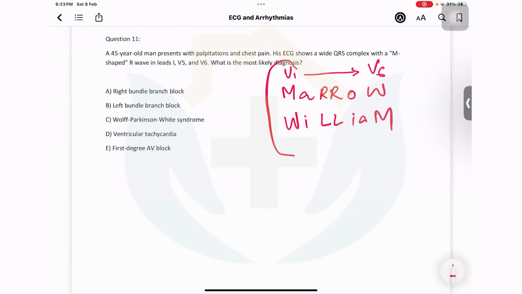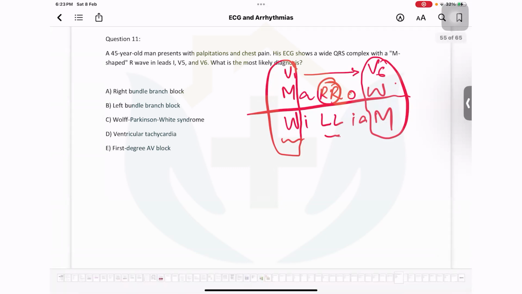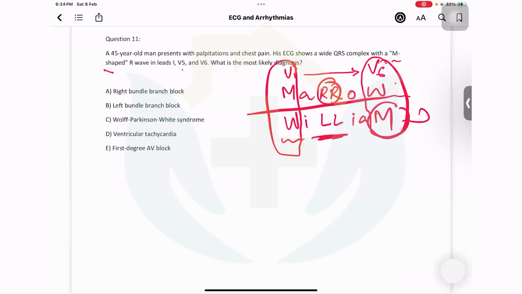So V1 will have an M pattern in RBBB, and V6 will have a W pattern in RBBB. In left bundle branch block, V1 will have a W pattern and V6 an M. Is that okay? Easy? Yes. So in this case, M-shaped R wave in V5 to V6, so that is left bundle branch block. Okay, easy.